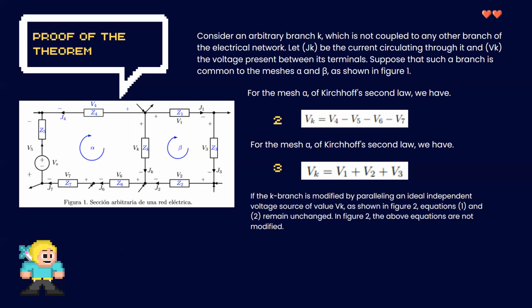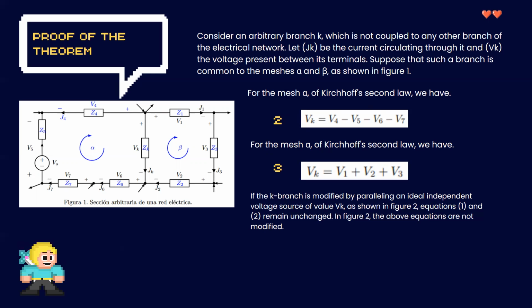Can you see in figure 3, if the K branch is modified by paralleling an independent voltage source of value Vk, as shown in figure 2, equations 1 and 2 remain unchanged.